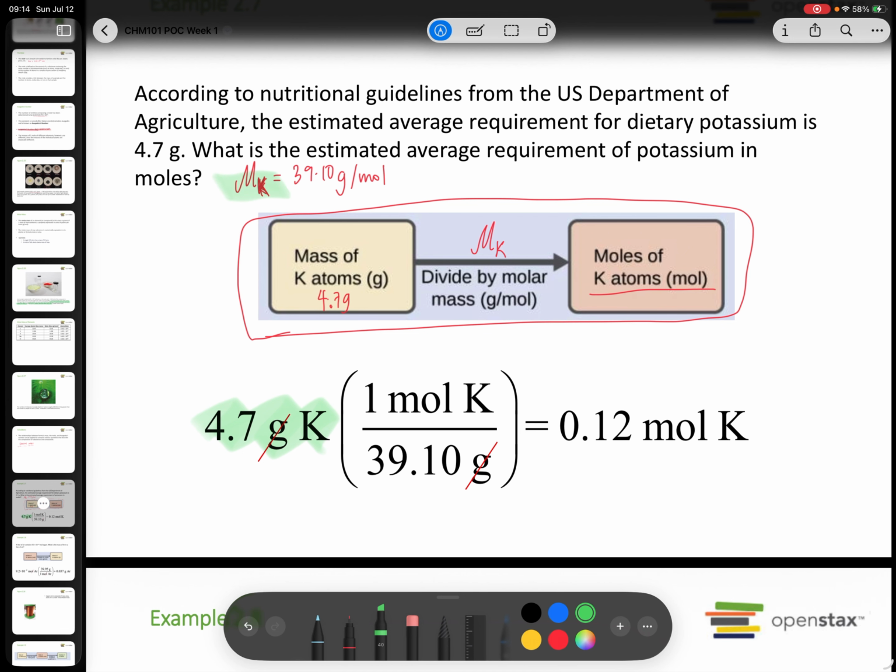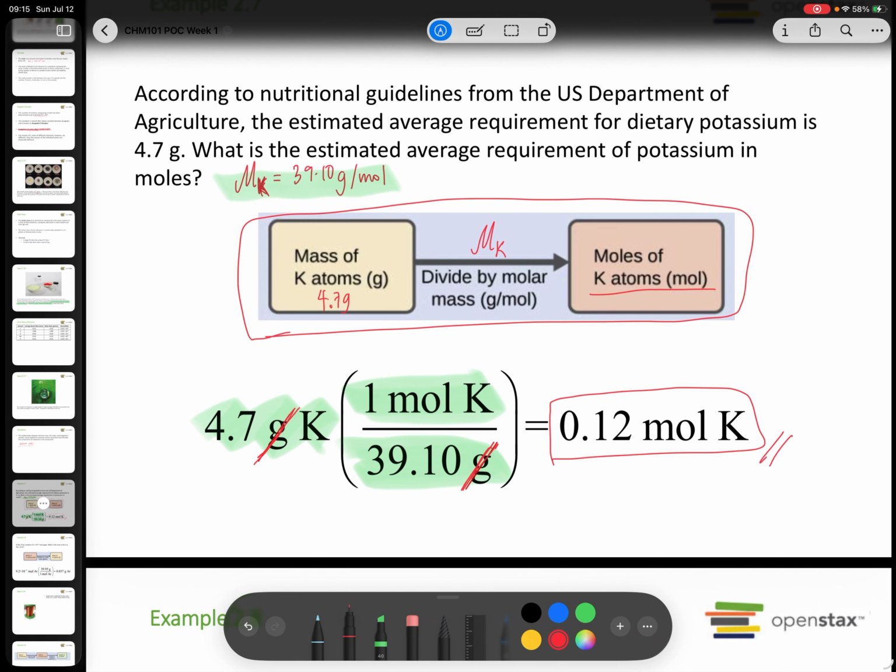So, ang original niya is 39.10 grams per mole. So, if we divide it by 39.10, sa baba na yung grams, sa taas na yung moles. So, parang ni-reverse mo siya, pero basically, dinivide mo nga siya. Nabaligtad din yung unit kasi nga dinivide mo siya. So, you have to cancel yung grams. Matitira is moles of potassium. So, when you use the calculator, makukuha nyo dapat na sagot ay 0.12 moles potassium. Okay?